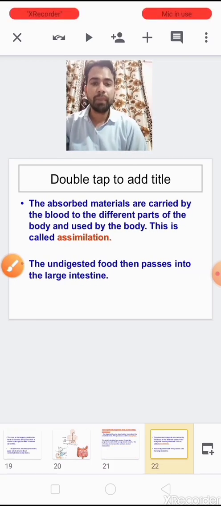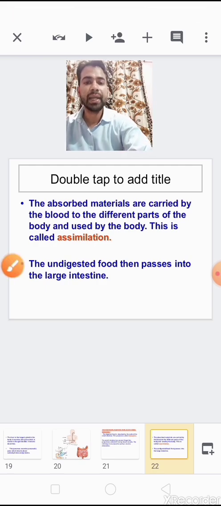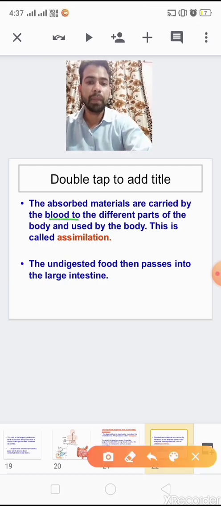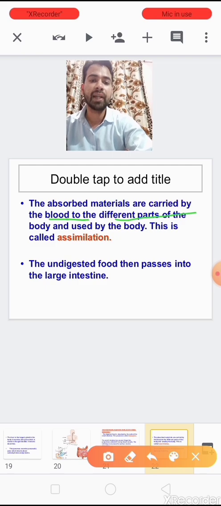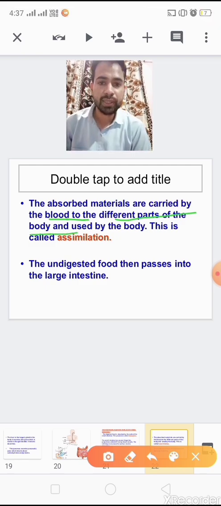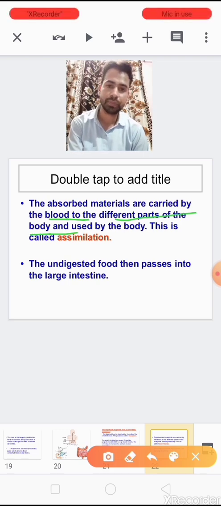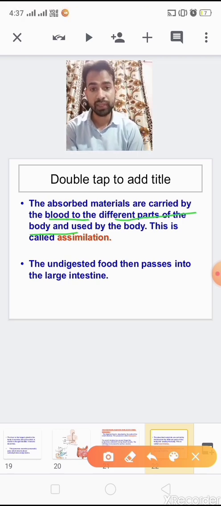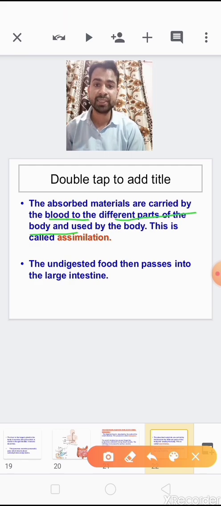The absorbed material is carried by blood to the different parts of the body, and this process is called assimilation. This is the number 4 process that we discussed in the starting.